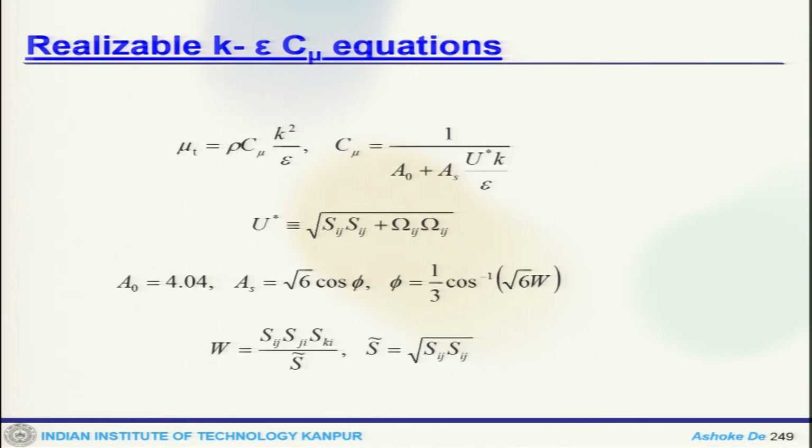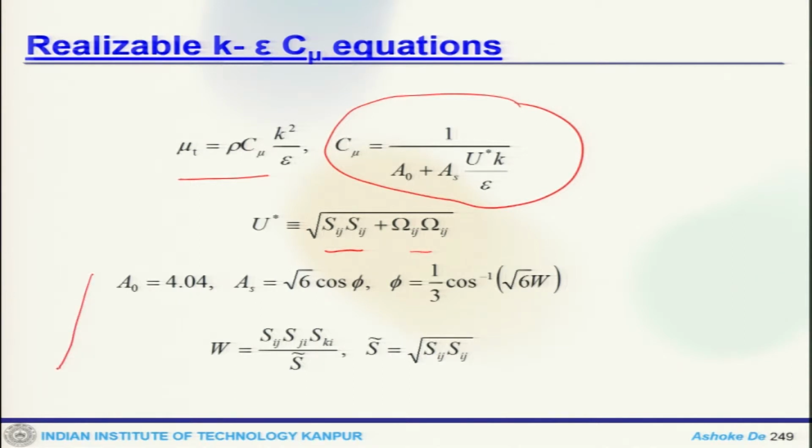Now, mu t is estimated with a model constant C mu and K squared by epsilon, where C mu takes care of this effect, it is not constant anymore. Then U star takes in both the strain and the rotation part. So, this is the rest of the parametric constants.